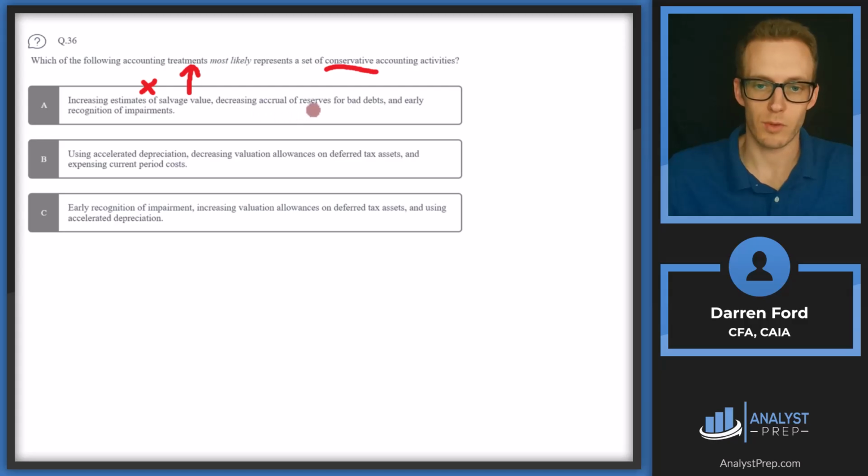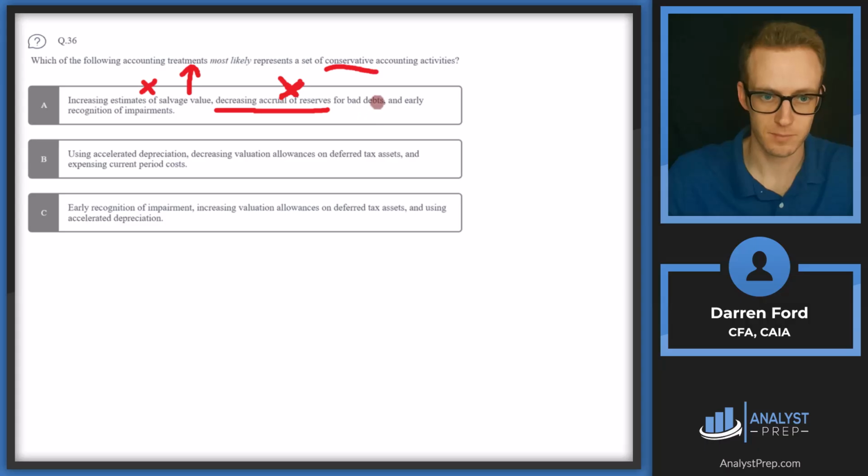Decreasing accrual of reserves for bad debts. This is also going to be less conservative, or more aggressive. And again, this all comes back to if surprises happen or things don't go in line, then it negatively affects the financials. So if we're decreasing reserves for bad debts, that's going to be a more aggressive accounting policy.